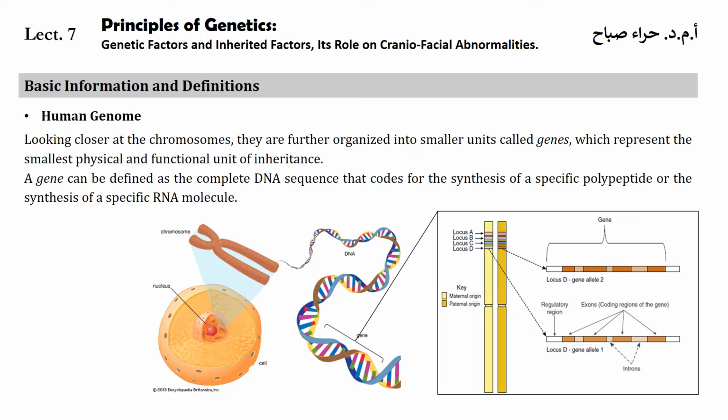As we see here, these genes are situated at each region of this chromosome, named locus A, from the maternal origin, from the mother, and this is the other from the paternal origin.